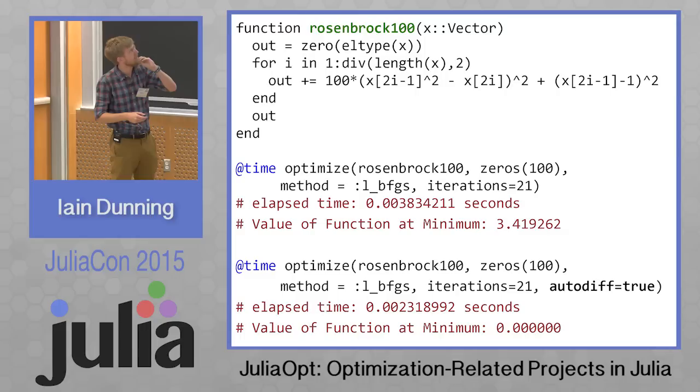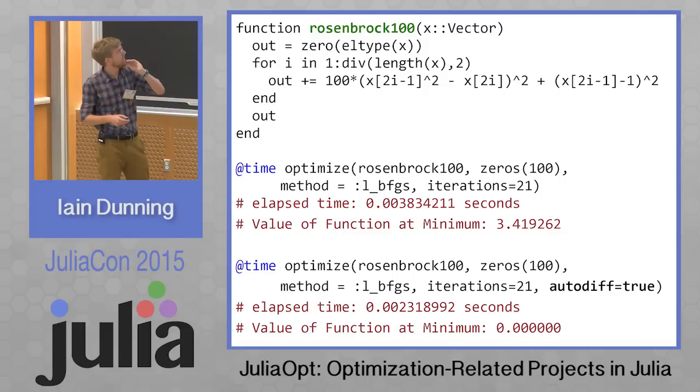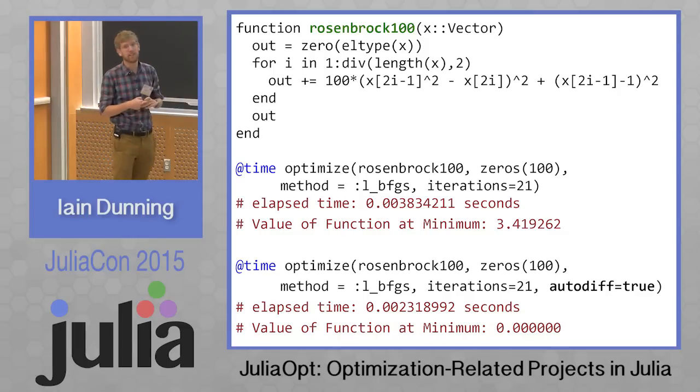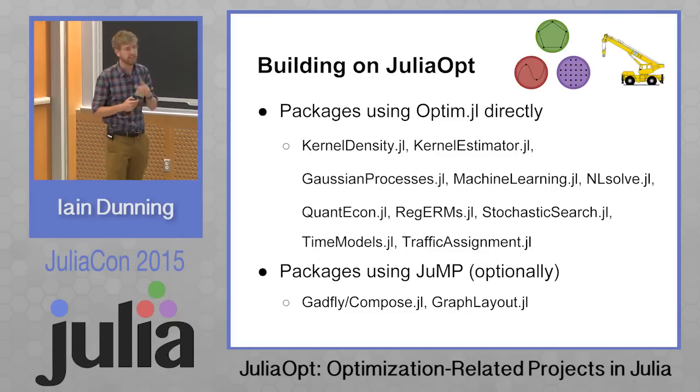It's got an objective at that point of 3.4. Whereas with the auto differentiation provided, we actually solve it in 21 iterations to tolerance, and it takes less time to get there. So derivatives are important, and you don't have to necessarily do them yourself if you're careful, and I think that's pretty neat.